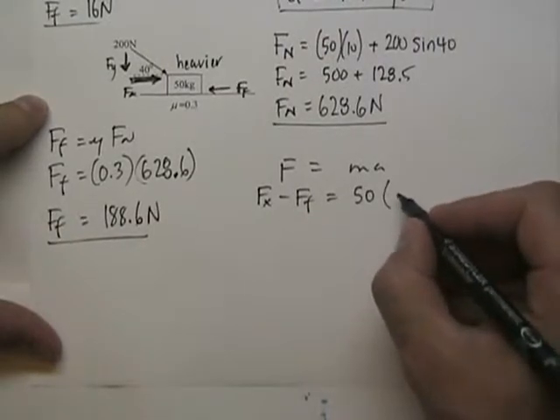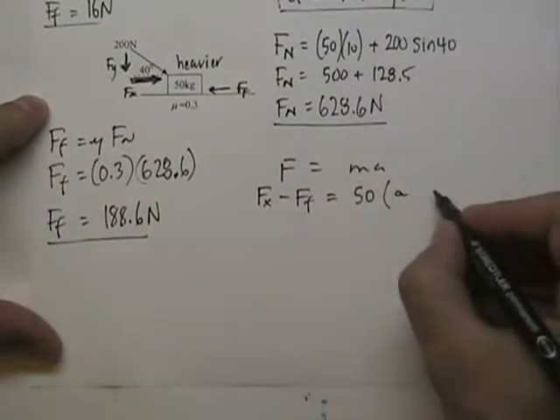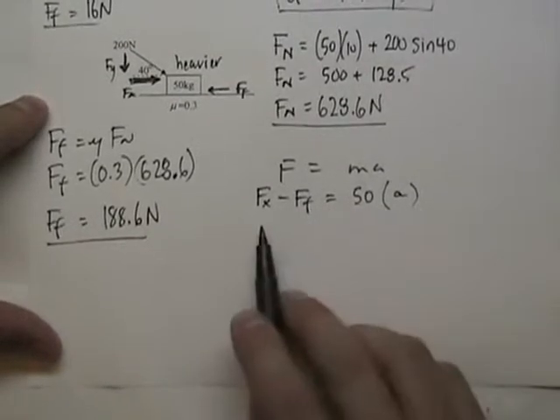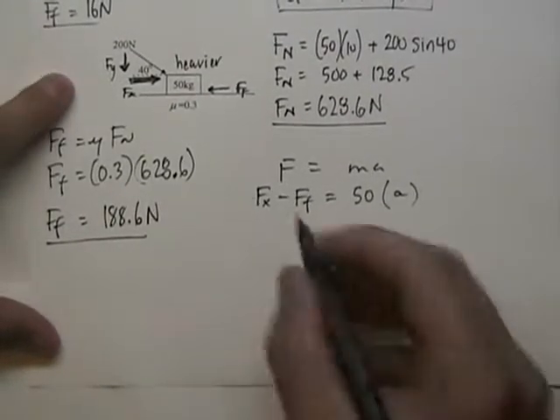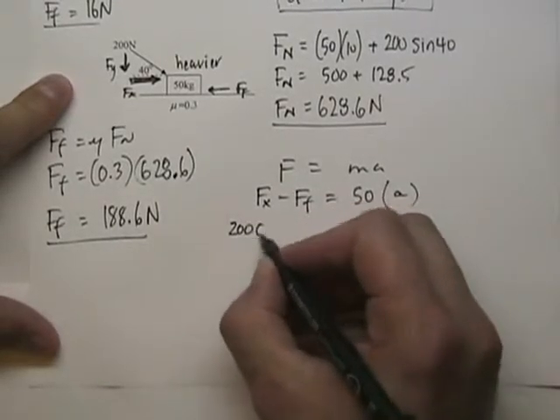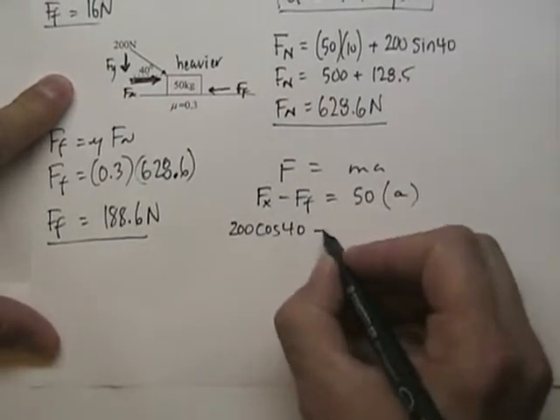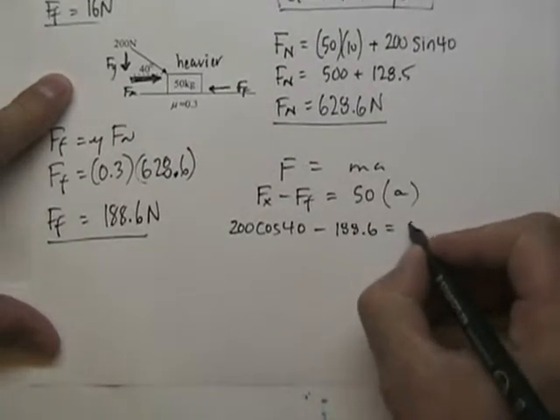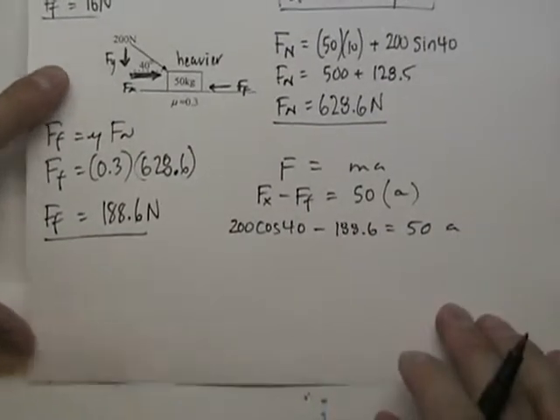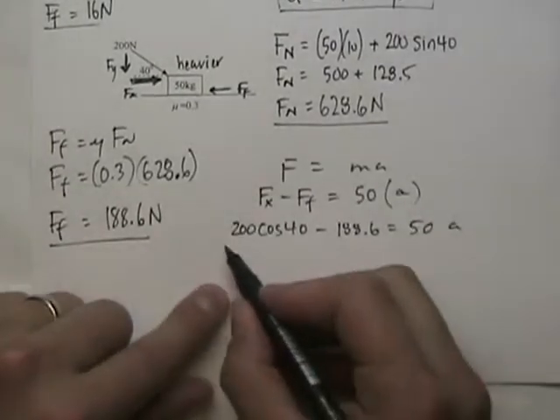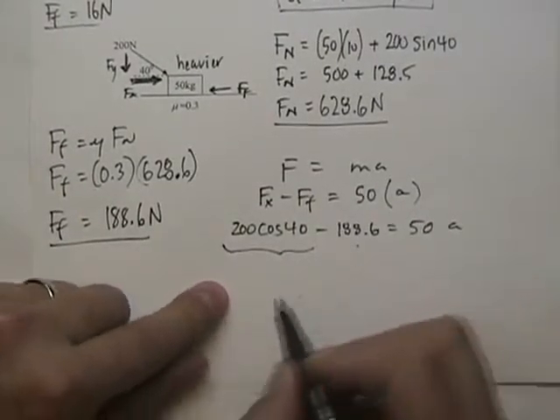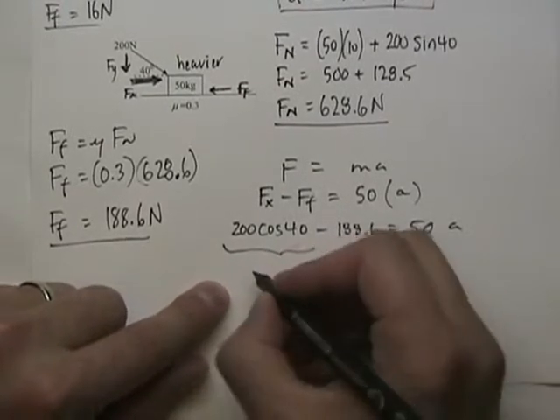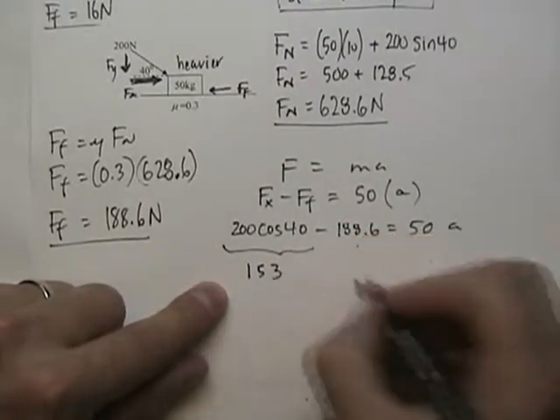Solving for a, Fx is 200 cosine of 40, Ff is 188.6, equals 50a. My spidey sense is going off here telling me that I don't know if this is bigger than 188.6. So plug it into your calculator and you'll find that it's actually 153.